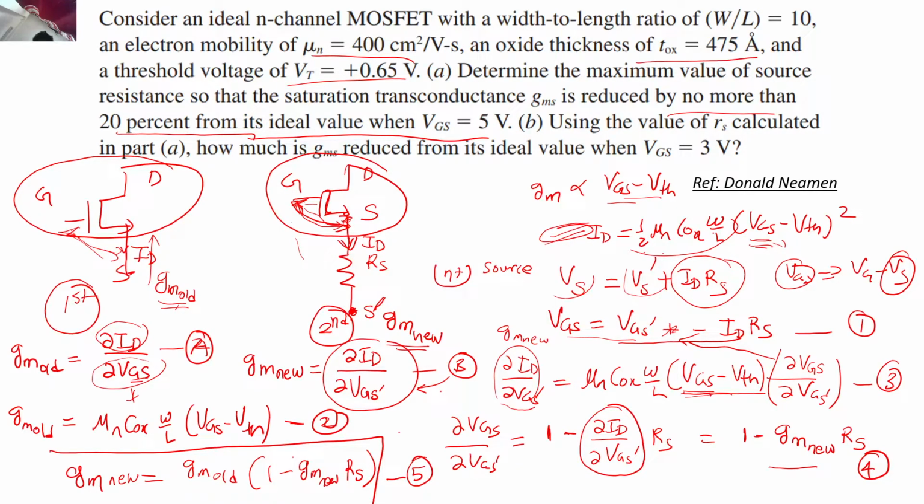Now I will be rearranging this equation because we have got the relation between the older gm and the newer gm. So I am rewriting equation number 5 in the next slide. What will be the value of gm new? If you rearrange, it comes out to be gm old divided by 1 plus gm old times Rs.